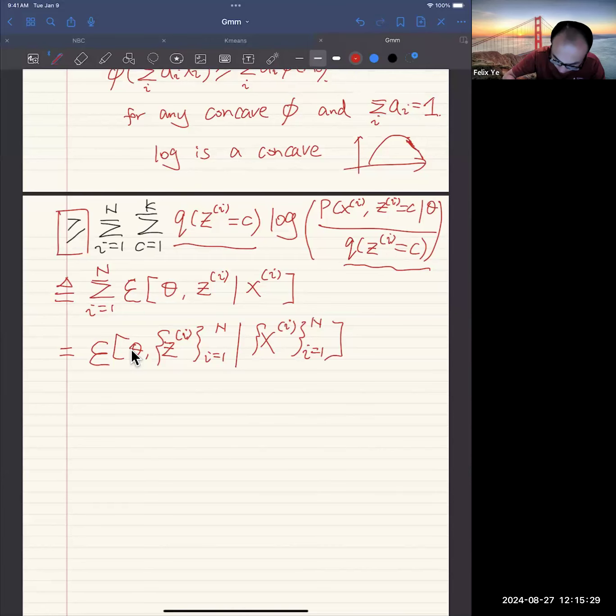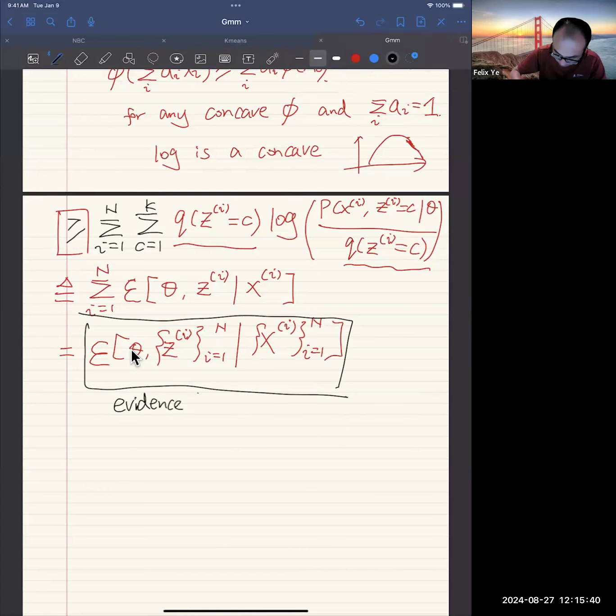So this whole thing actually has a name. It's called the evidence lower bound, ELBO.